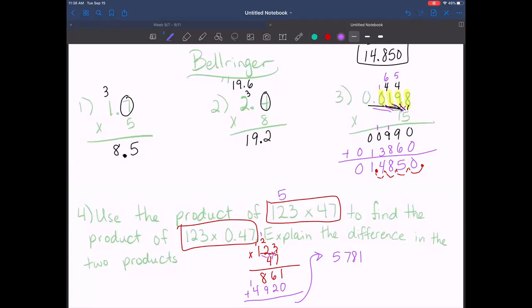So I'm going to write up here. Now, if I want to put in the decimal, where am I going to put my decimal place to make this the correct answer for the other one? Who's going to tell me? Where should I put my decimal? You guys can write it in the chat if you want.